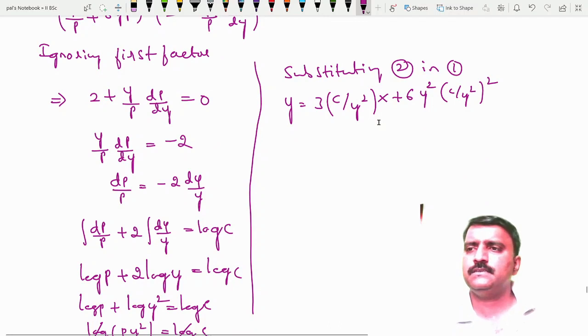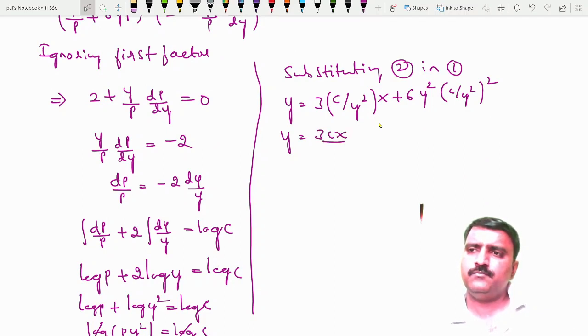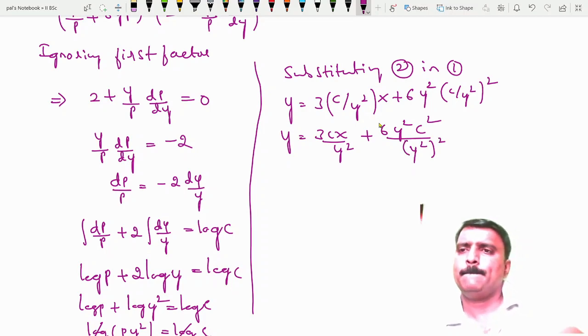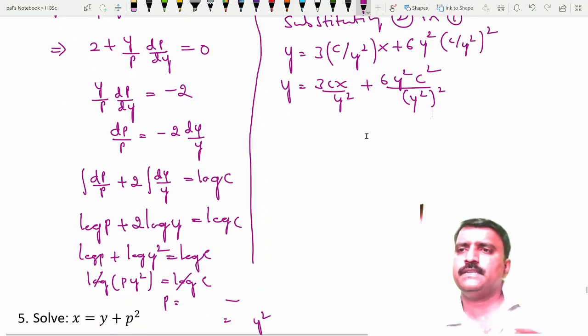Simplifying this, y is equal to 3cx by y square plus 6y square c square divided by y square whole square. Now one of these y square cancels.